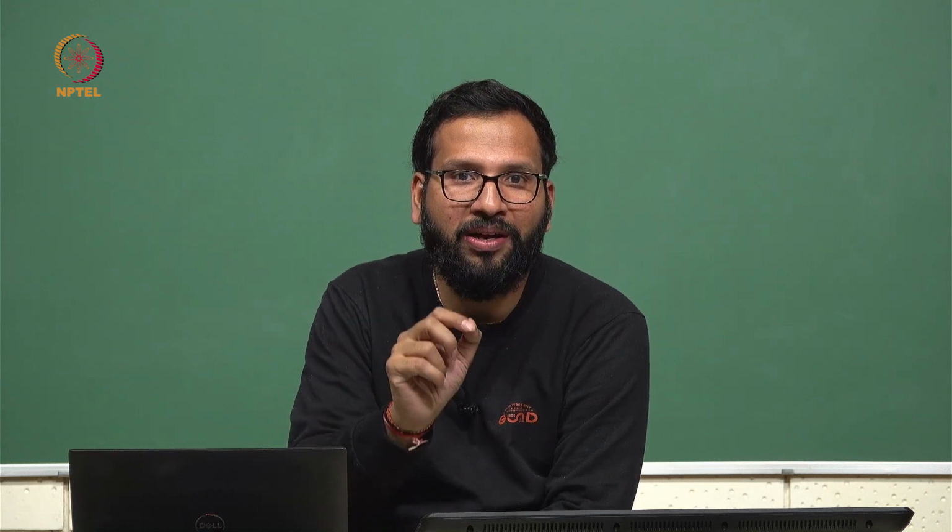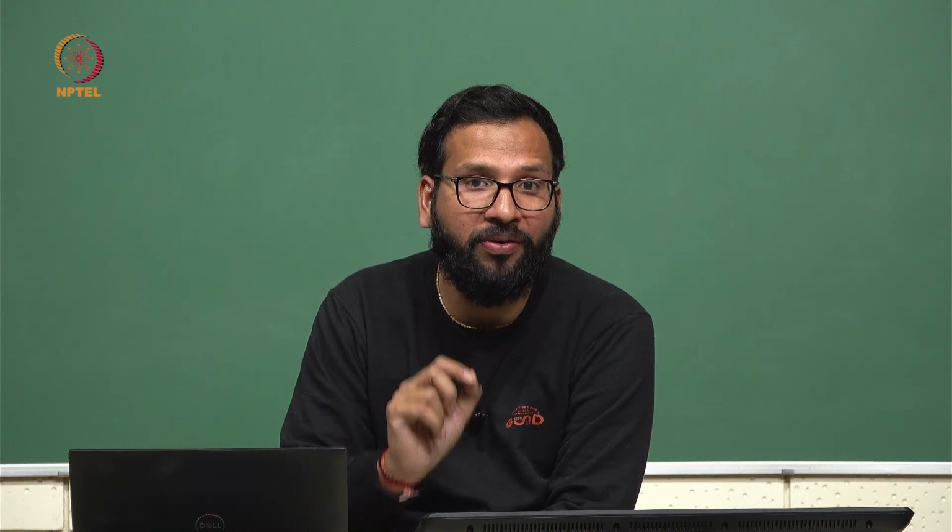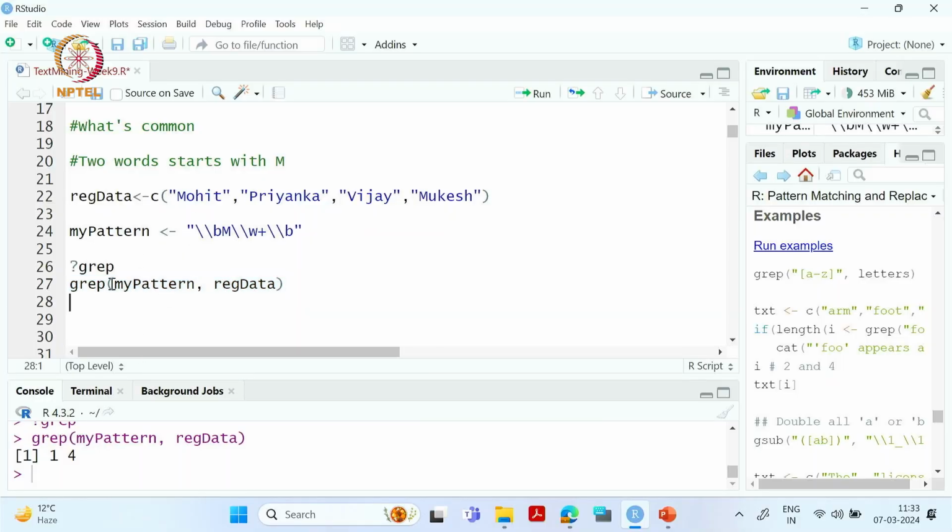So only the values located at 1 and 4 match your given pattern. What exactly is the value at the first location? This. And at the fourth location? Mukesh. So this is what we got from here.